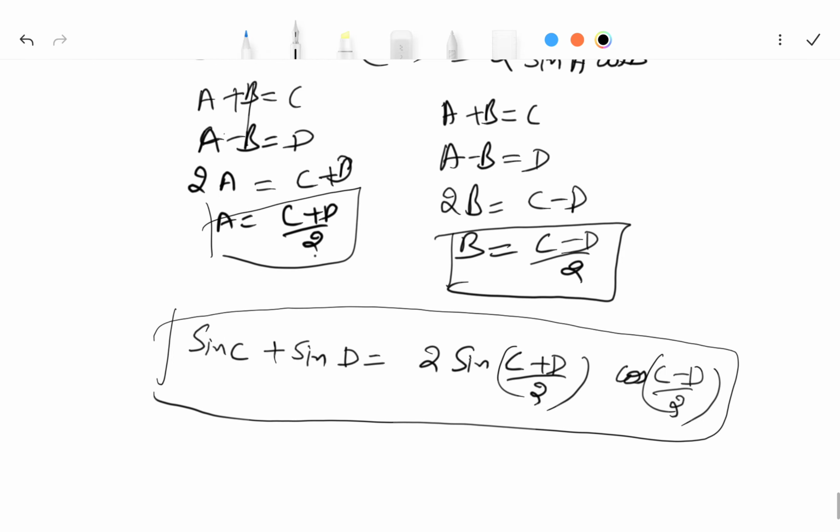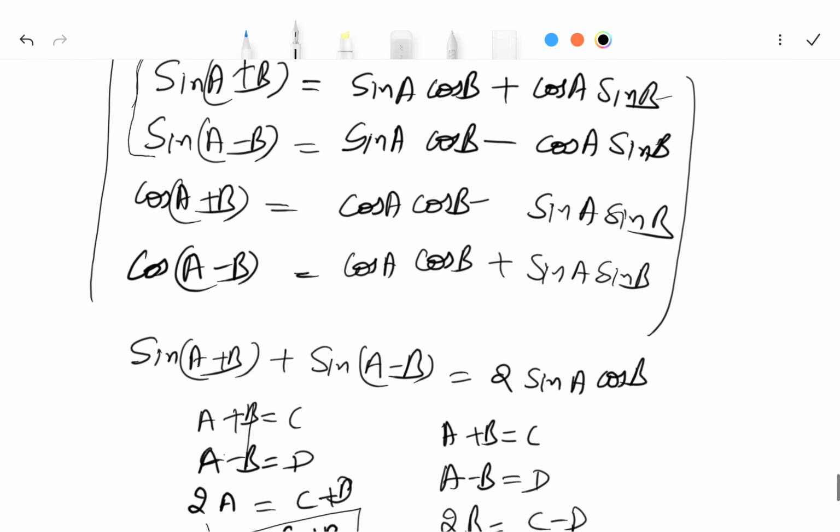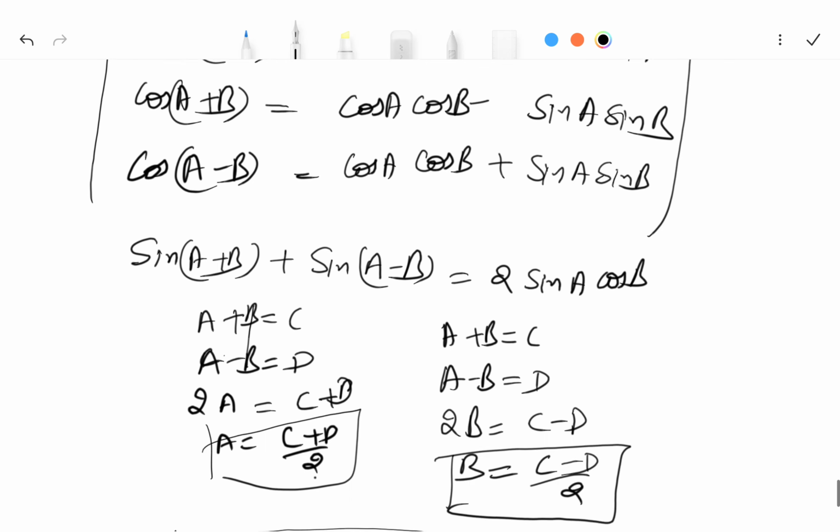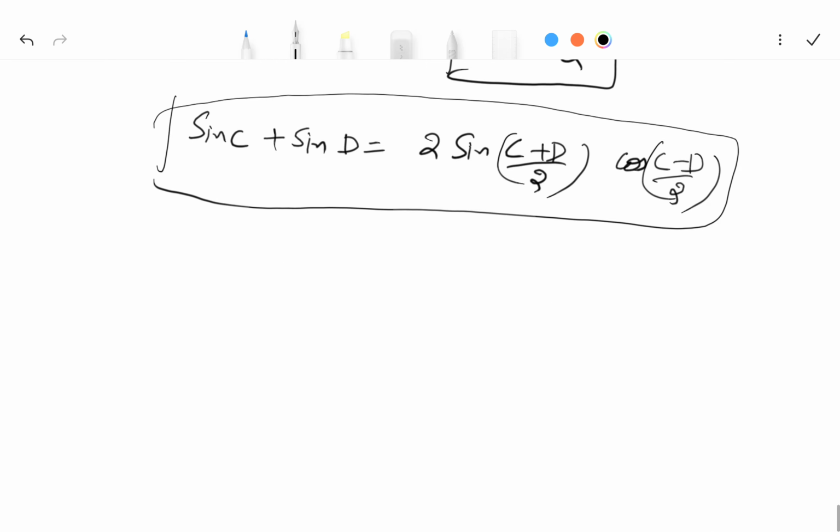And if I subtract both the formulas, then what will I get? I will get sine(A plus B) minus sine(A minus B).